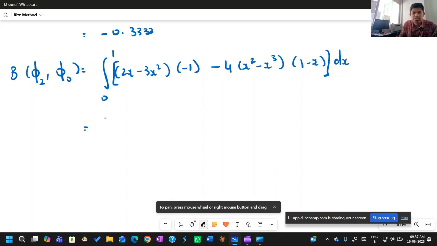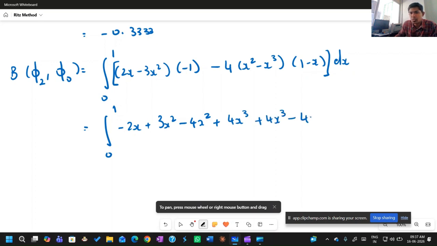So if you expand this, we should be getting the integral from 0 to 1 of minus 2x plus 3x square minus 4x square plus 4x cube plus 4x cube minus 4x power 4.